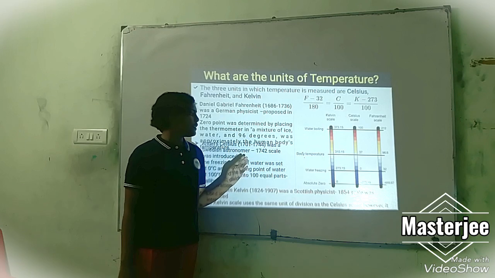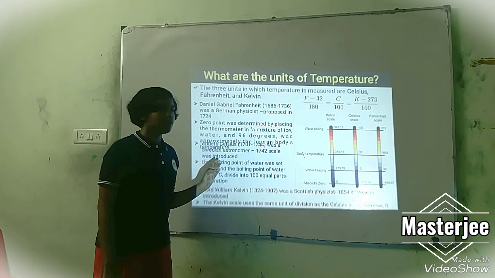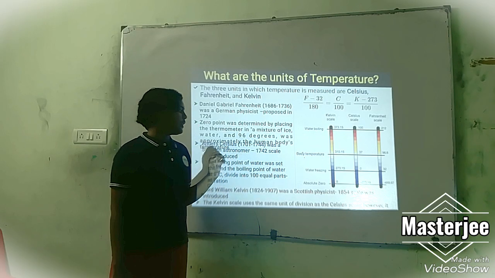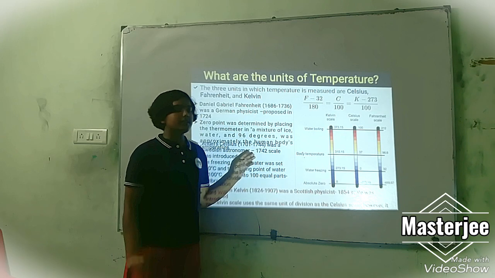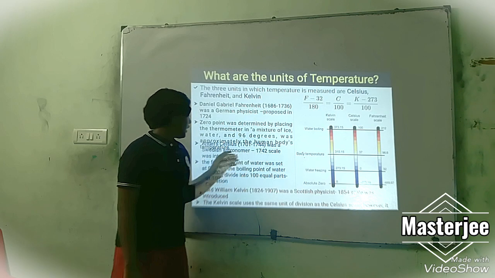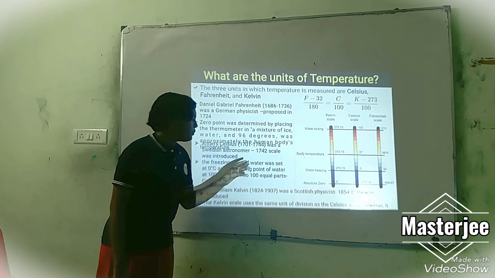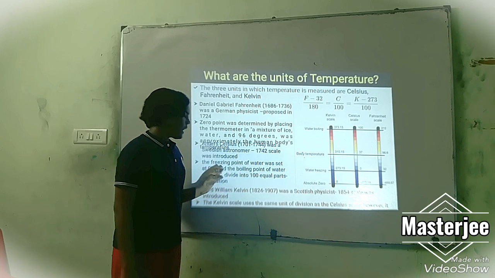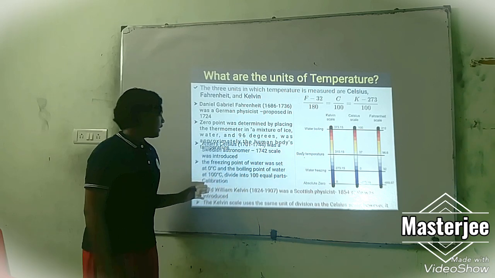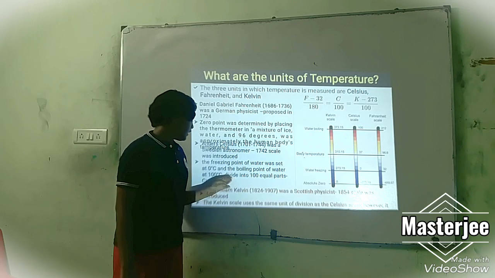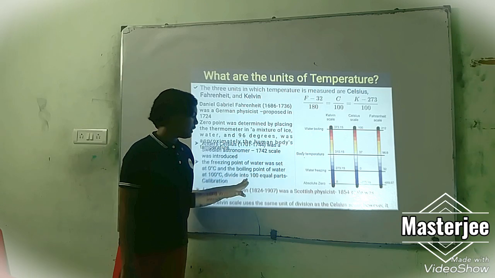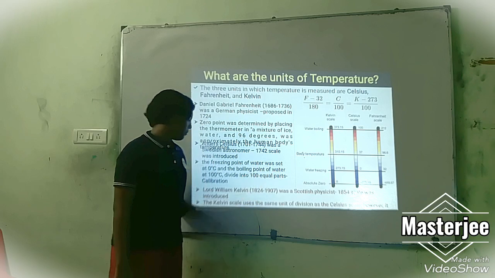Anders Celsius, who was a Swedish astronomer, proposed the Celsius scale in 1742, and the freezing point of water was set as 0 degrees Celsius, and the boiling point of water is 100 degrees Celsius, divided into 100 equal parts.